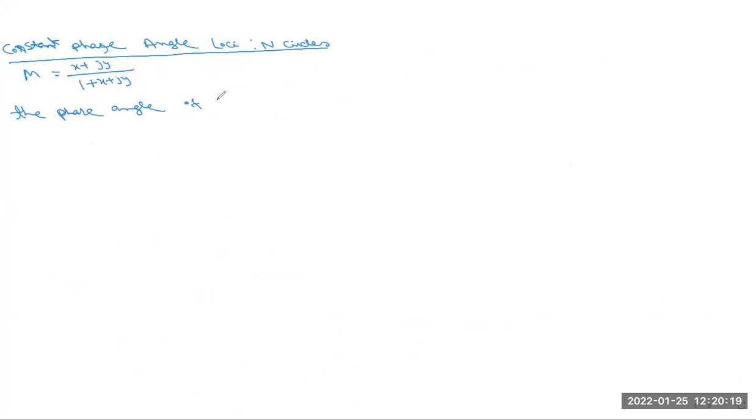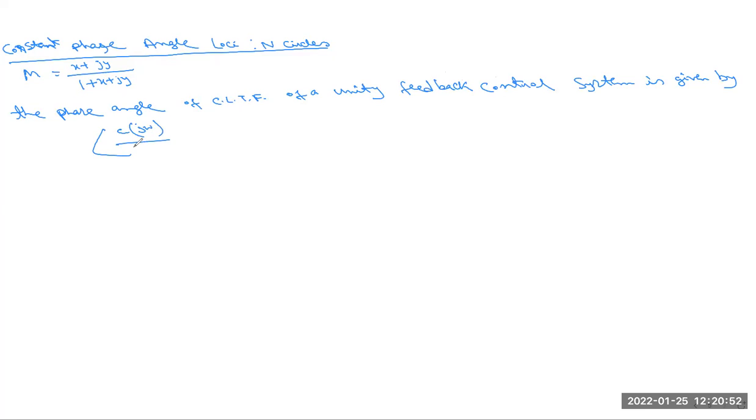Now, the phase angle of the closed loop transfer function, that is CLTF, of a unity feedback control system is given by the angle of C(j omega) by R(j omega).